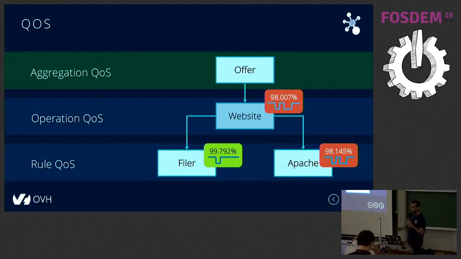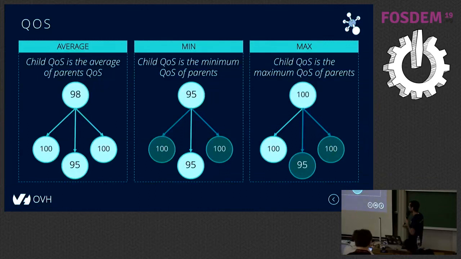We want the average operation, for example. There is no value if a website for the premium offer is down; not all the websites for the premium offer should be down. It's not really relevant. So we can compute the average for the nodes and also the min and the max for the nodes. That's for the offer, it's very useful.